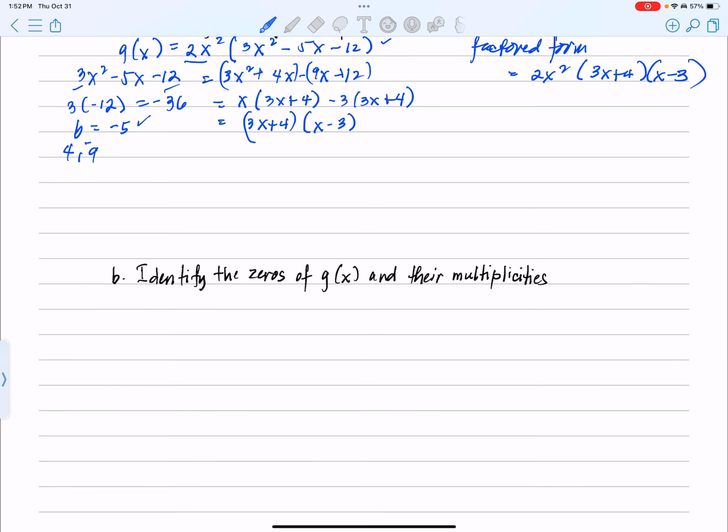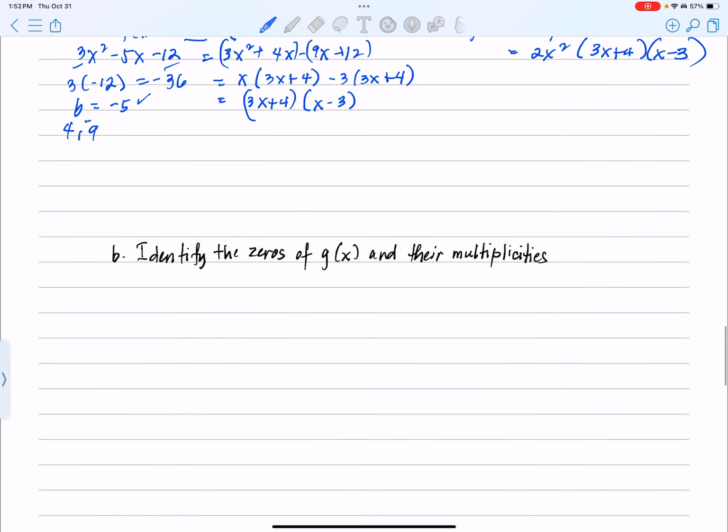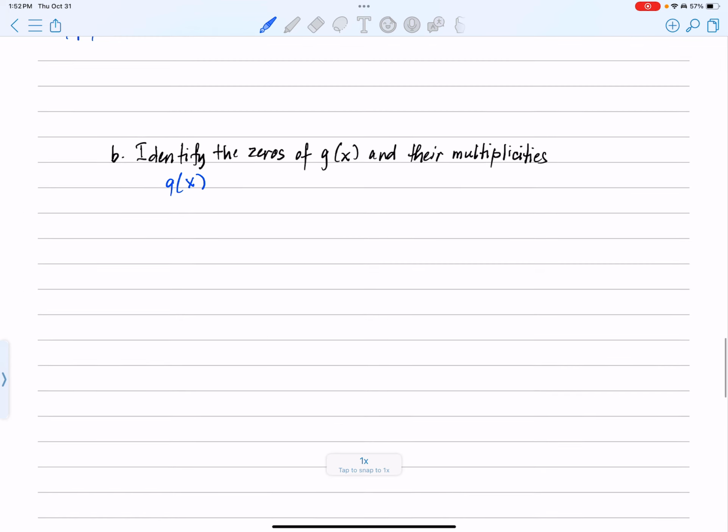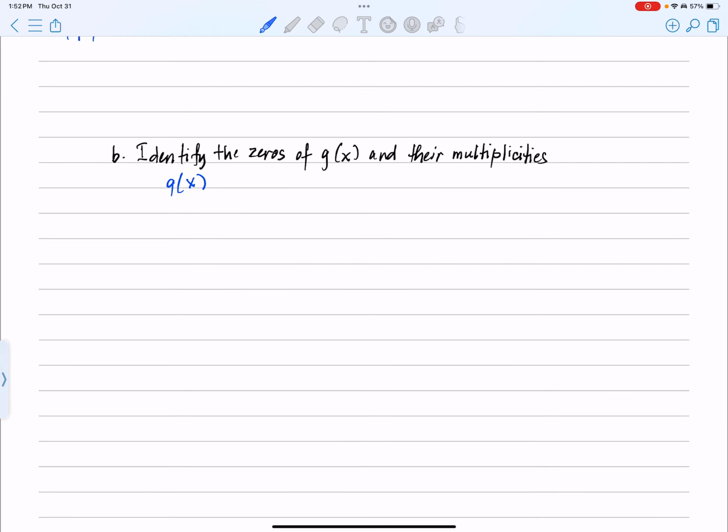So in other words, we have our g of x in factored form: 2x squared times x minus 3 times 3x plus 4. Right?